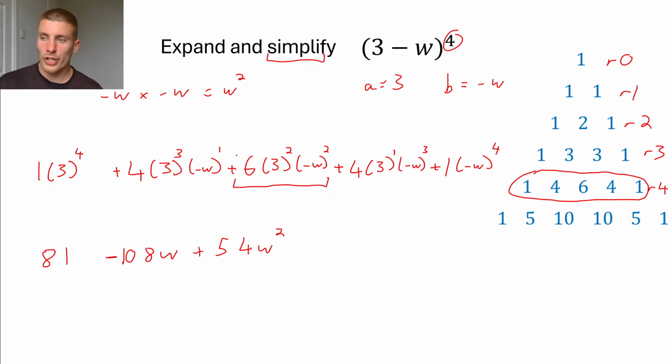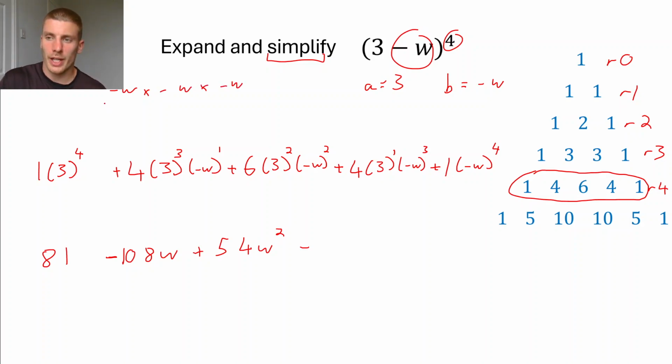Done. Now, when you have a negative in the question, you're going to see that the terms alternate between minus and plus every time. The next one will be negative, as you're going to see now. You've got plus 4 times 3 times minus w cubed. Now minus w cubed means minus w times minus w times minus w.